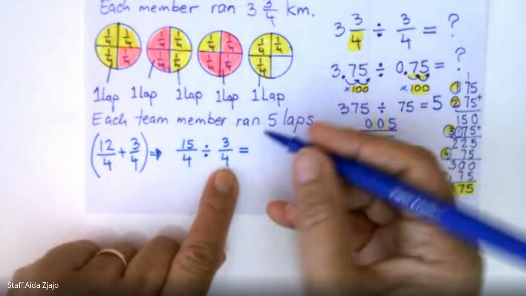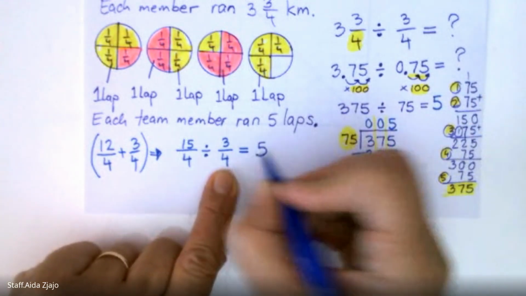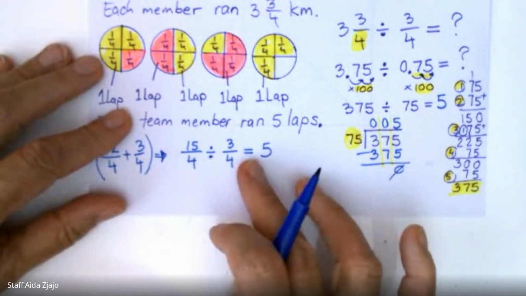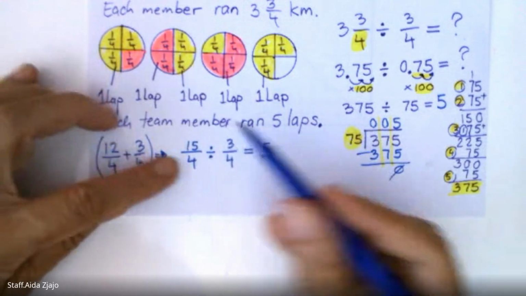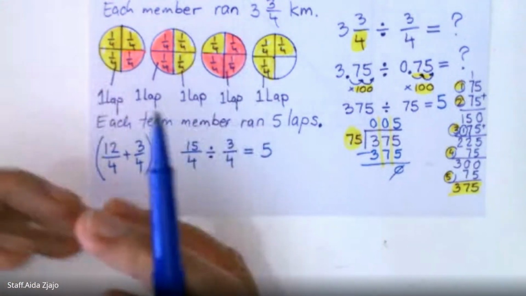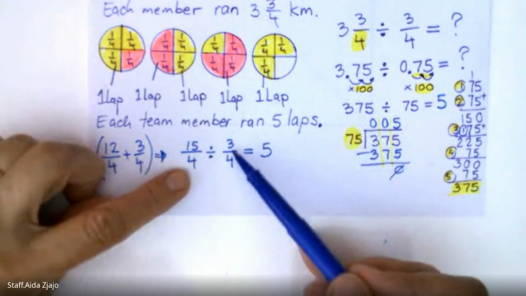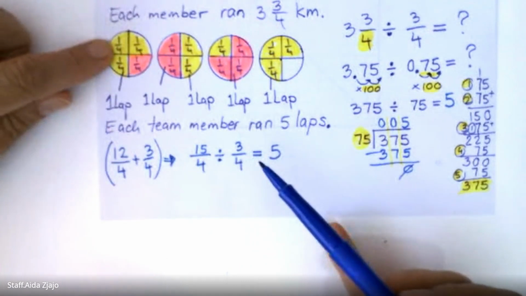So you can make 5 groups. We can go back into the 4th grade thinking how you can divide 15 fourths into groups of 3 fourths, and that is a picture right here.